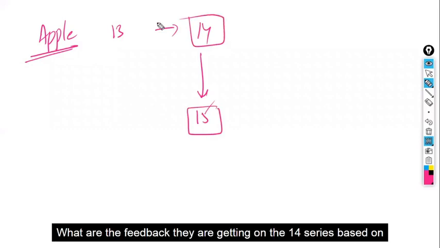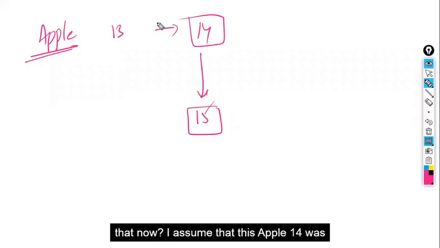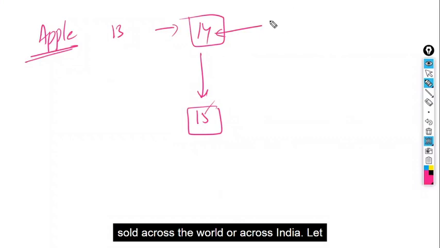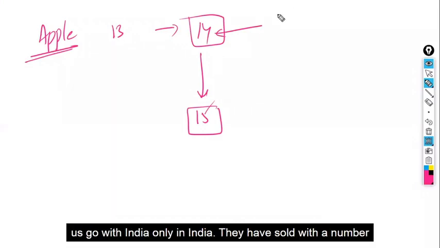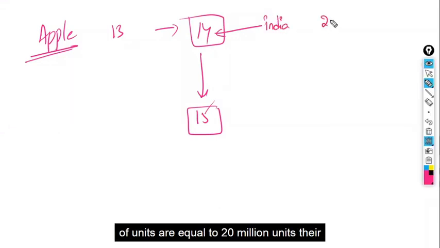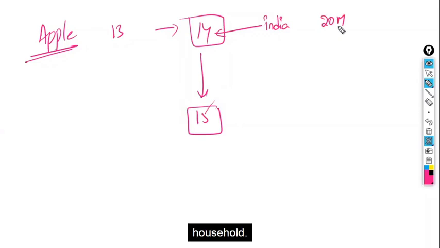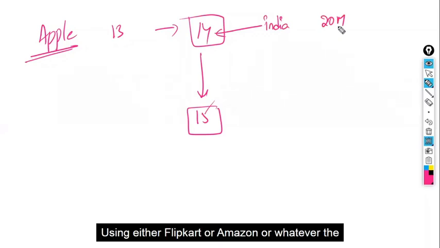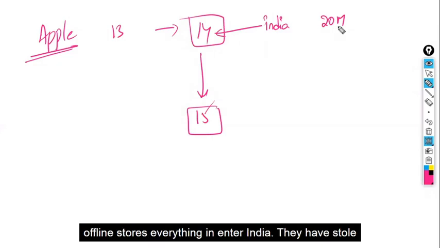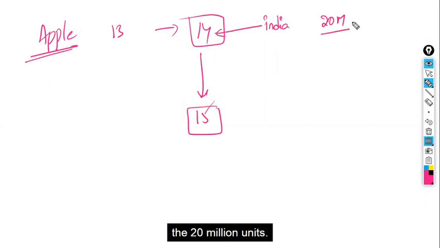Whatever feedback they get on the 14 series, based on that. Now assume this Apple 14 was sold across the world, or let us go with India only. In India, they have sold 20 million units using either Flipkart or Amazon or offline stores, everything. In entire India, they have sold 20 million units.